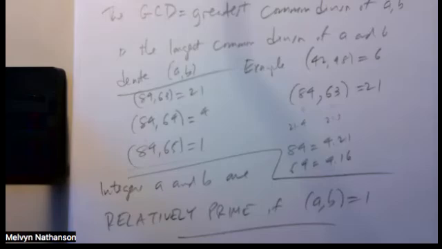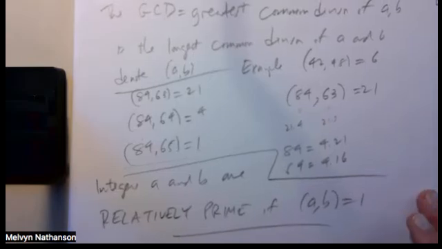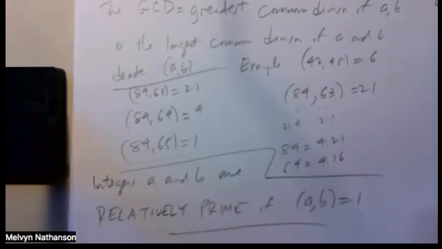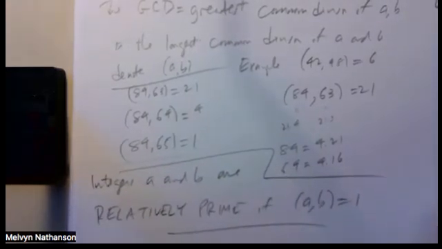It's actually an interesting problem, given two numbers, to show if they're relatively prime, or if they're not, to compute their greatest common divisor.